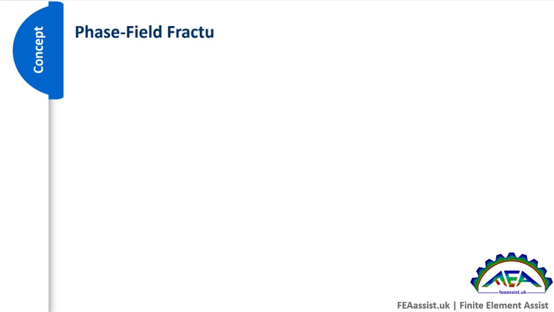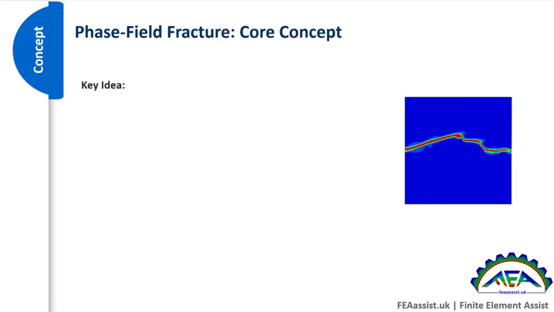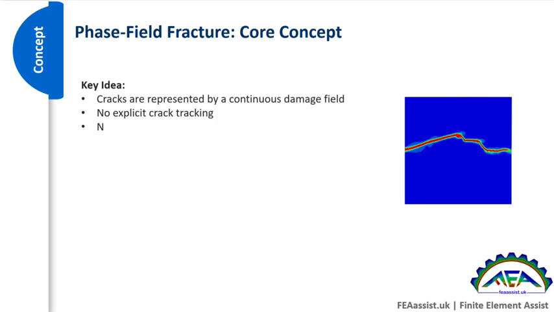Let's talk about the phase field fracture concept. In phase field fracture modeling, cracks are not represented as sharp discontinuities. Instead, fracture is described using a continuous phase field variable that smoothly transitions from intact material to fully broken material. So, no explicit crack tracking is required and no remeshing is required.